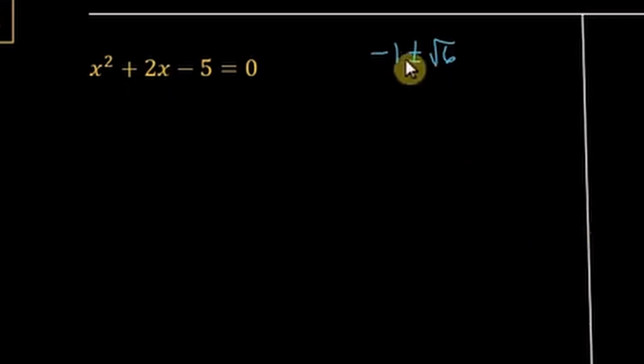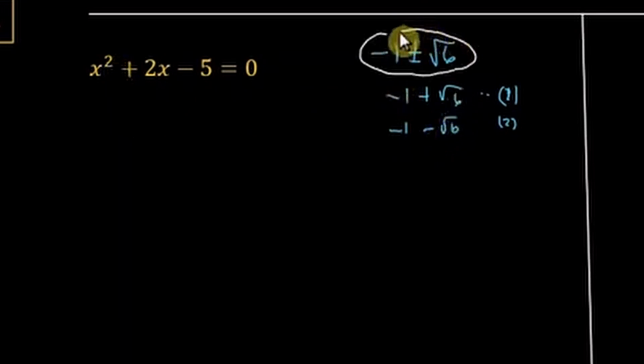This simply means each quadratic equation has two solutions. The first solution is -1 plus root 6, and the second solution is -1 minus root 6. So these are the two solutions. But what they're asking us to do at this point is to show this. So let's proceed to solve this equation to see if we get this as our solution.